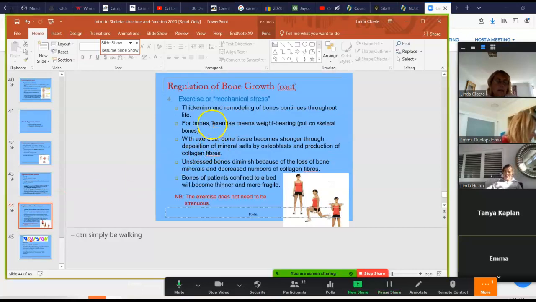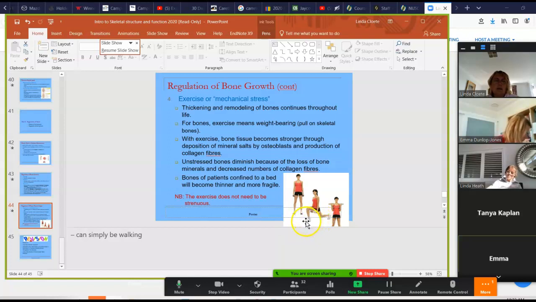Oh, and then there are some multiple choice questions also relating to the factors that contribute to bone growth and the factors that contribute to things like osteoporosis. So you need to remember things like vitamin D is important, and your calcium minerals. Exercise is vital. So weight bearing exercise is vital for bone development.